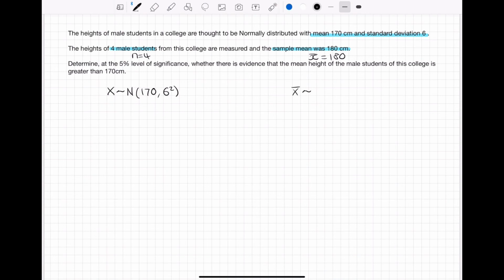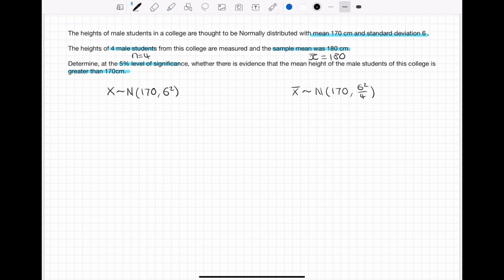The sample distribution for this is normally distributed with mean 170 and variance 6 squared over 4. So when we put our standard deviation in later, we'll use 6 over the square root of 4. Always remember to divide by the sample size.